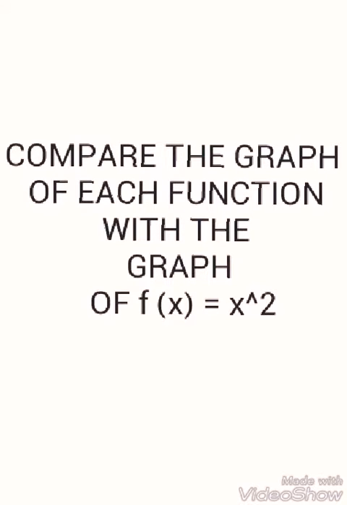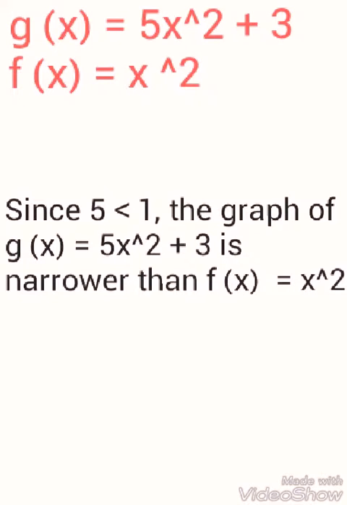How to compare the graph of each function with the graph of f(x) equals x to the second power. We're going to compare g(x) equals 5x to the second power plus 3 and f(x) equals x to the second power.